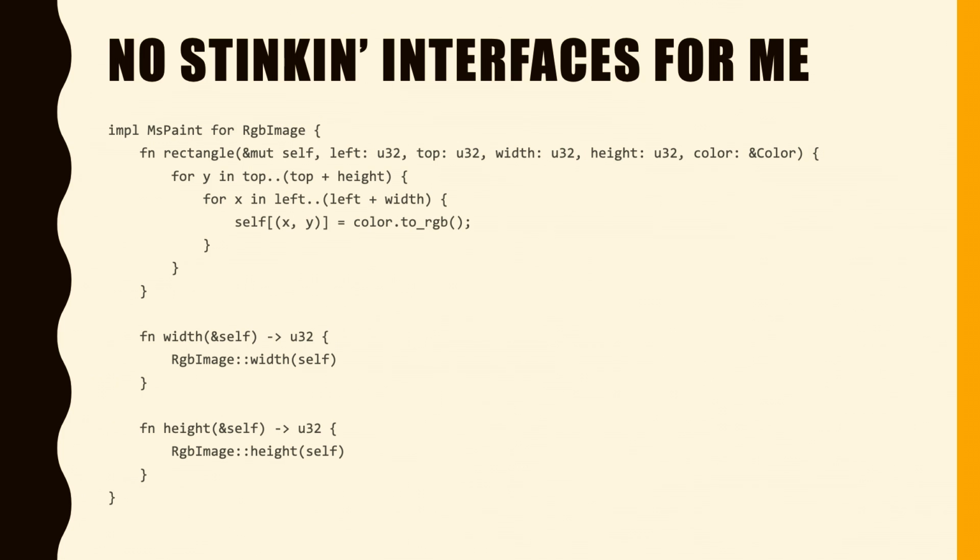As a side note, we handle the name clash of width and height here by directly passing self as a parameter to the methods on RGB image. This lays bare what you may have suspected, which is that Rust methods are really only functions with some syntactic sugar, much like Python, really.